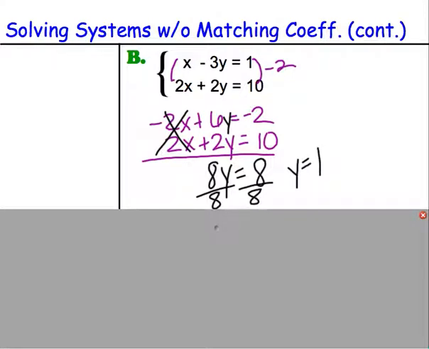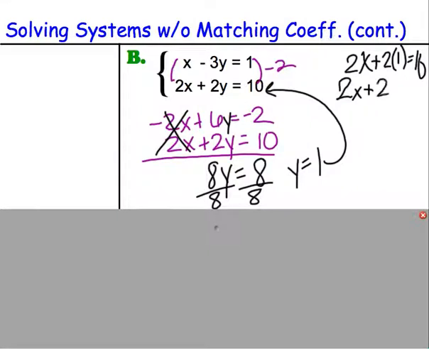Go ahead and put that back in. I typically like to put it into the equation that I haven't done anything to yet, although, like I said, it doesn't matter which equation you put it into. So then we have 2 times x plus 2 times y, which is 1, equals 10. And then we get 2x plus 2 equal to 10 minus 2.